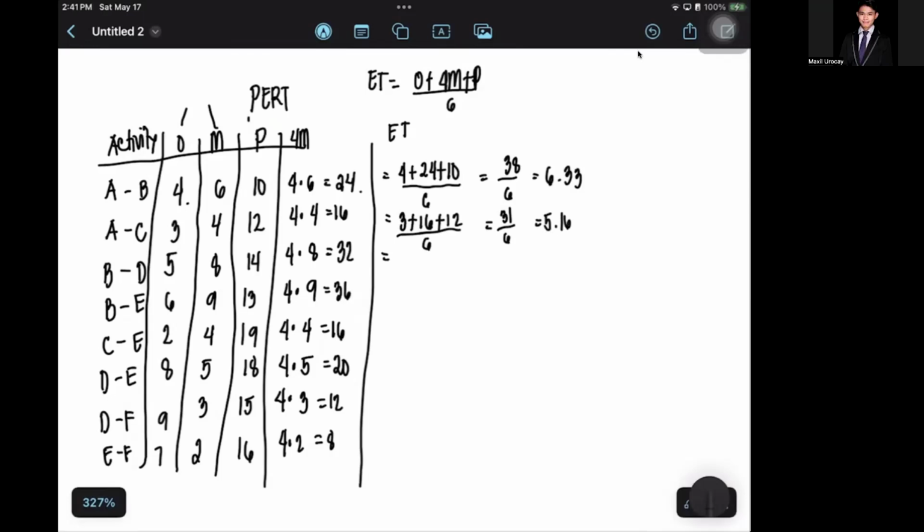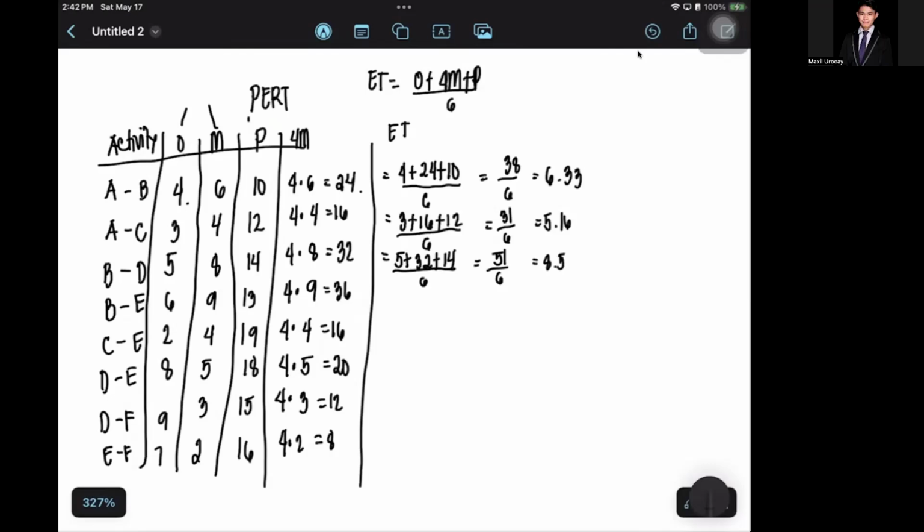Afterwards, your O is 5, plus your 4M is 32, and your P is 14, divided by 6. That is 5 plus 32 plus 14, which equals 51, and divided by 6 is 8.5.